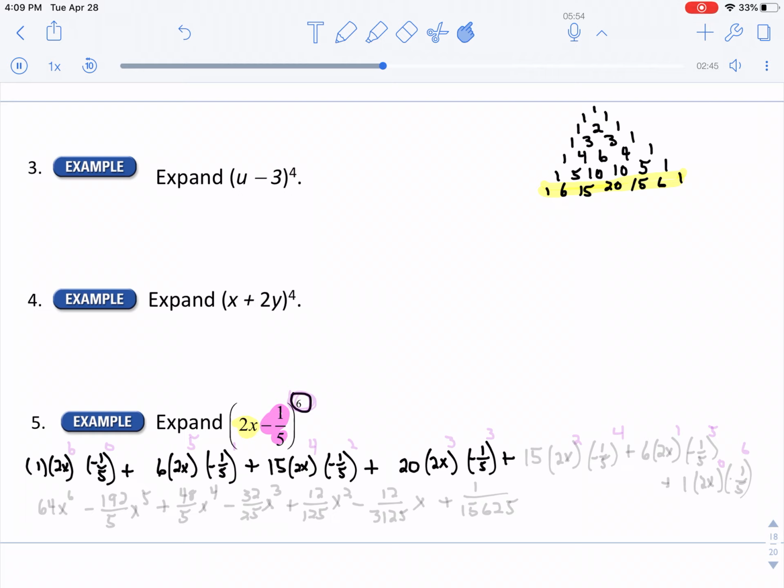Then we put plus. We pick up the next number on Pascal's triangle, which is a 15, times 2x times a negative 1/5. And then we pick up the next number, which is a 6, and 2x and a negative 1/5.